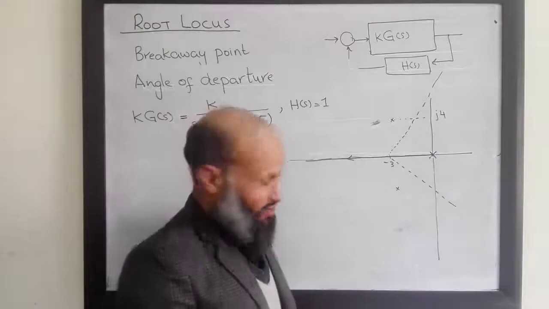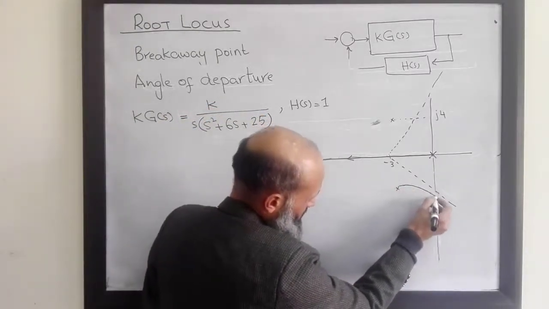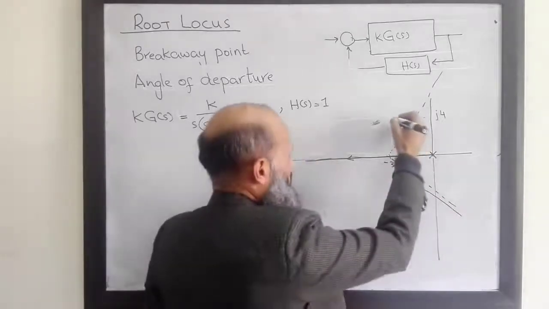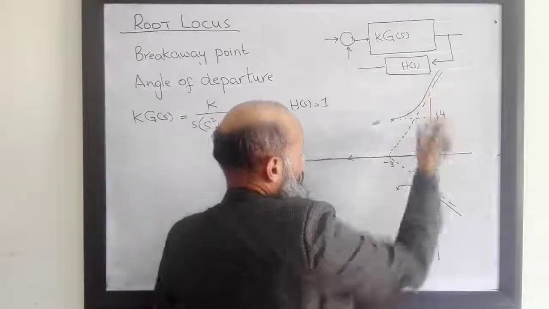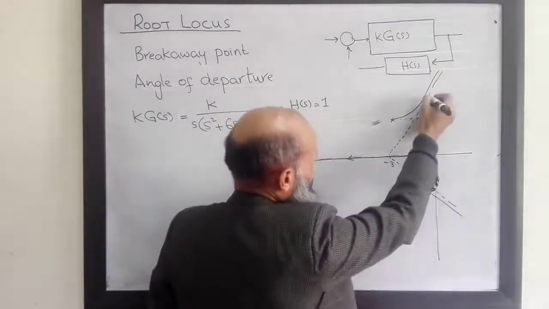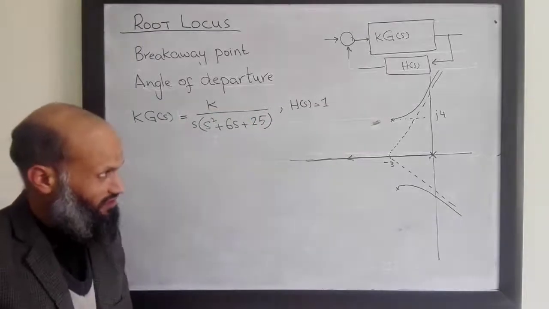So let's sketch a very rough sketch of the root locus, is this one, and root locus starting from here became parallel to this one. These points can be precisely determined by applying Routh's stability criterion.